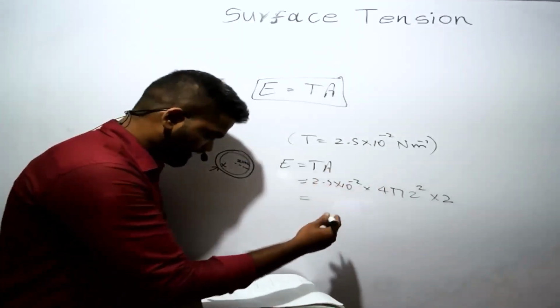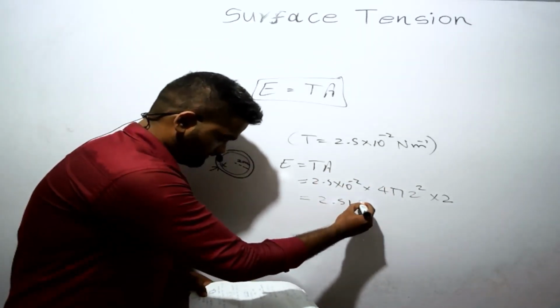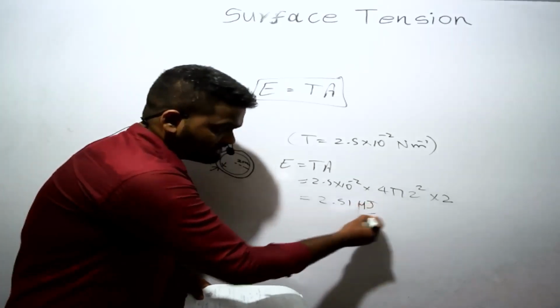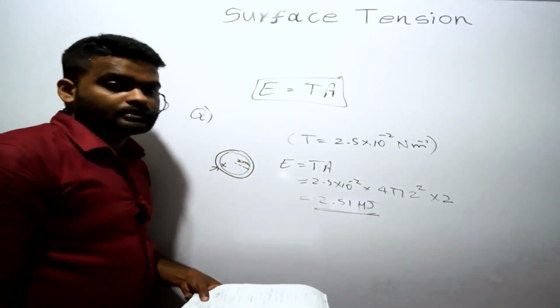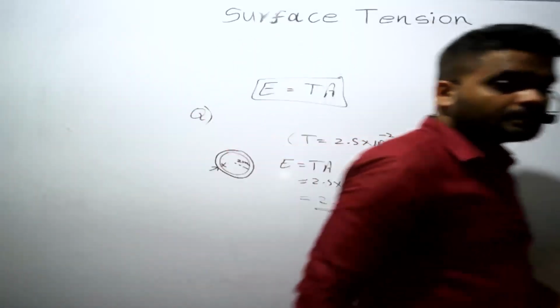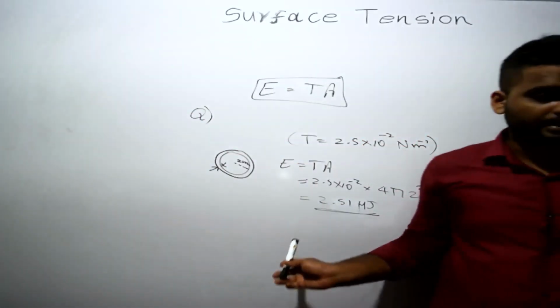I'll just give you the value, but the value should be this much, right? 2.51 microjoule. For now, just take it.